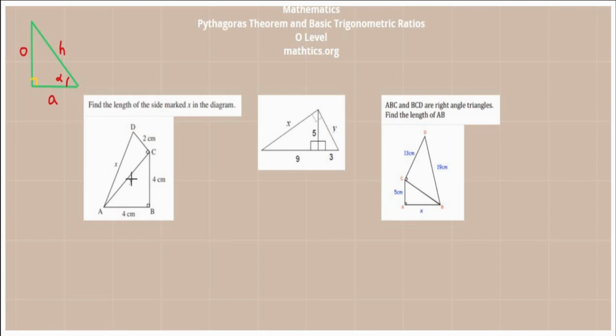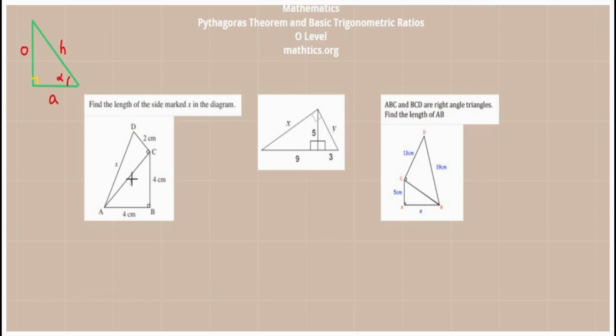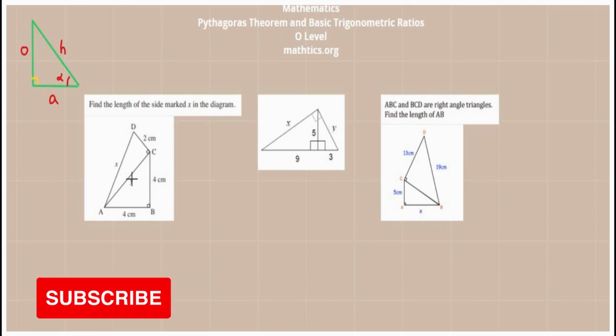If this is the right angle triangle, here you can see this right angle, 90 degrees, and there is another angle which is alpha. I just took this angle arbitrarily. Opposite to this angle there is the opposite side. Hypotenuse is opposite to the right angle and then the other remaining side is adjacent.